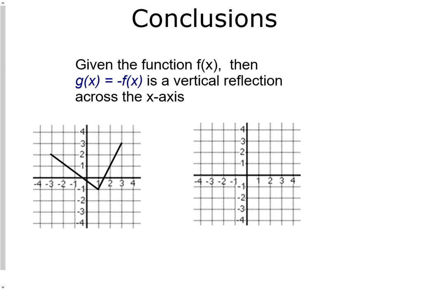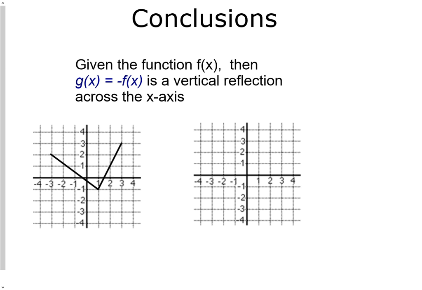Okay, so these are kind of our notes, I guess, for the day with a little example. Given the function f of x, then g of x equals negative f of x is a vertical reflection. So that's what we call it, a vertical reflection, because it's taking something that was up and then reflecting it down. So that's a vertical reflection across the x-axis.